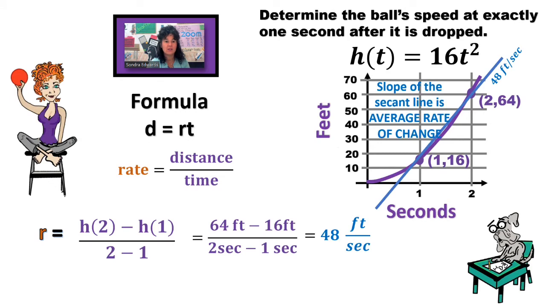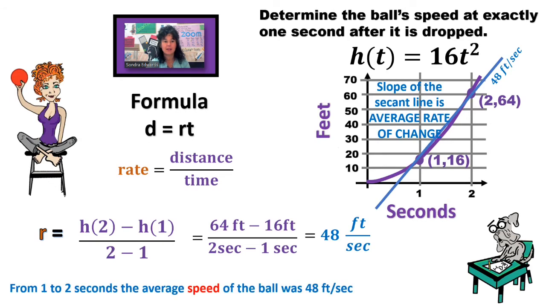What we have just found is that from 1 to 2 seconds, the average speed of the ball is 48 feet per second. So over the time interval 1 to 2 seconds, even though the ball is falling faster, faster, faster, on average, it was going 48 feet per second.